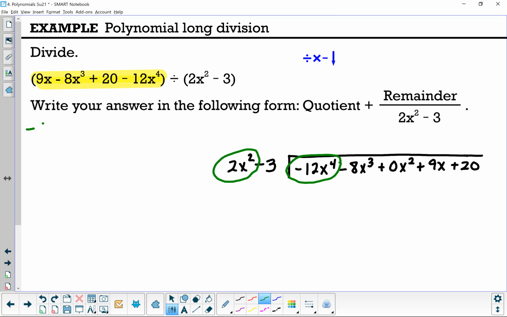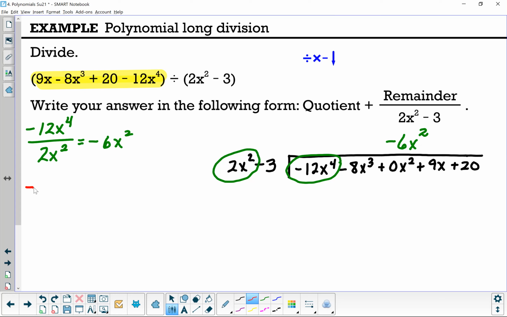And I like to write my work down for this because it's just easier for me to visualize it. So the negative 12x to the fourth divided by the 2x squared equals negative 6x squared. Okay, so I'm going to write that above my x squared term.